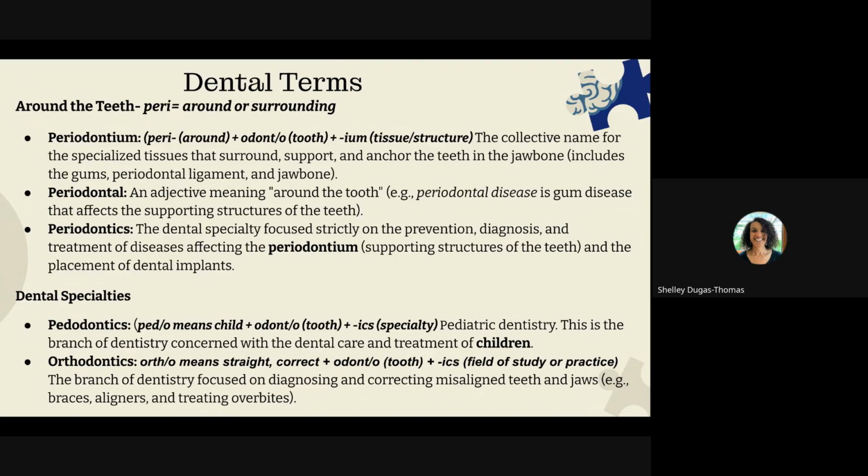Pedodontics is pedo, meaning child, plus odont, tooth, plus -ics, specialty: pediatric dentistry. And finally, orthodontics: ortho, meaning straight or correct, plus odont, tooth, plus -ics, literally the specialty of straightening teeth.